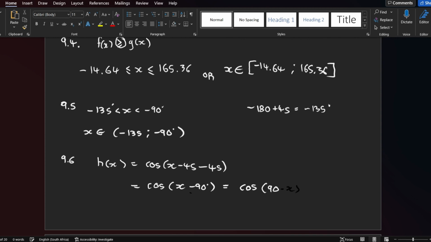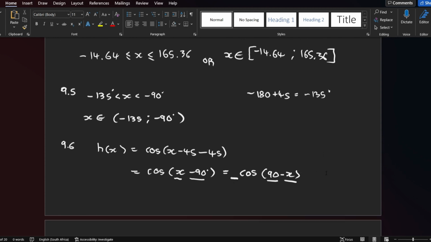Notice that our signs have changed. Initially we had negative 90, now we have positive 90, and we had positive x, and now we have negative x. But that does not mean we will take out a negative in front of cos, because cosine is the only trig ratio where we can manipulate the sign of the brackets and we will not have to change the sign in front of the term.